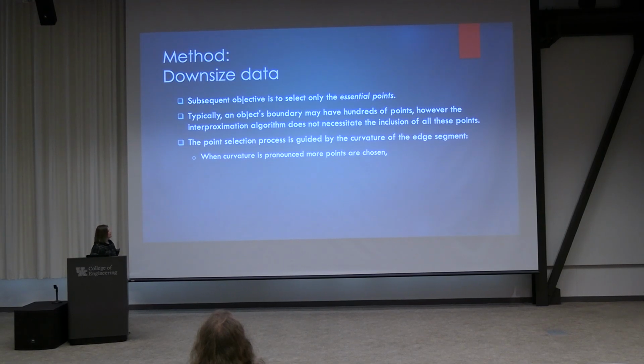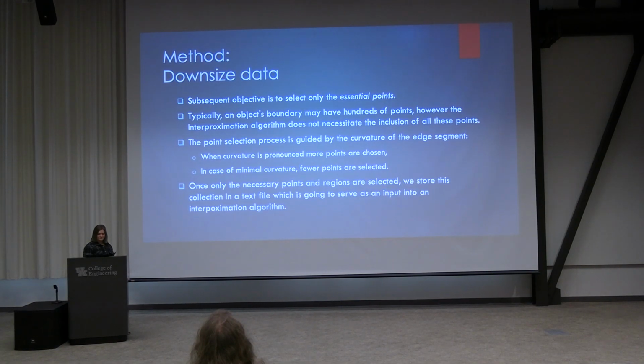And how is it done? If the curvature is pronounced, then we get more points. So if there is a sharp turn in the edge, you want to get all the points such that you approximate that edge more carefully, more precisely. And we would select fewer points if the curvature is not large.